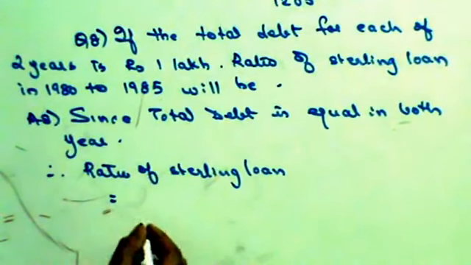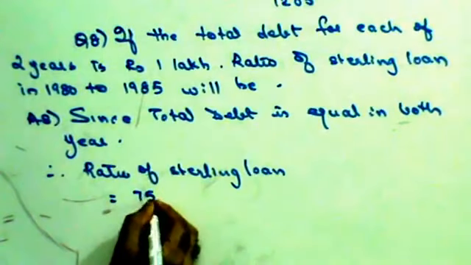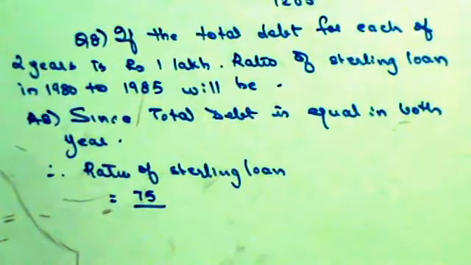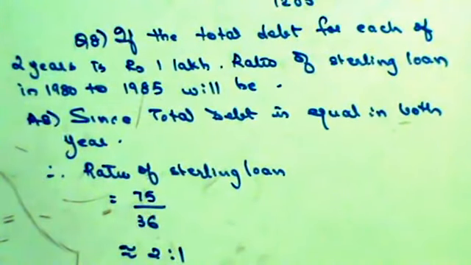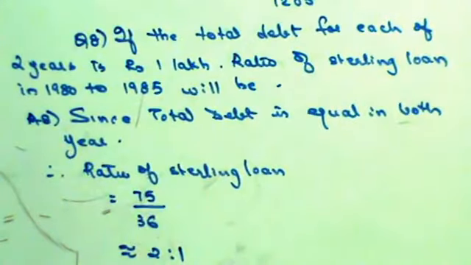The sterling loan is 75 degrees and here it is 36 degrees, right? 36 2s are 72, so approximately equal to 2:1. So the ratio of the sterling loan will be nothing but 2:1, right?